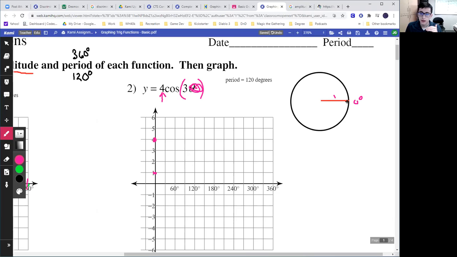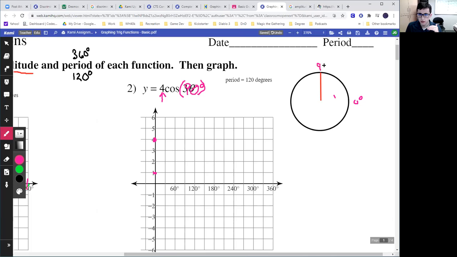Now, as we rotate the angle up to here, the cosine is 0 now. So let's say that instead of putting in 0, we put into the cosine 30. That's going to read as cosine of 90. Cosine of 90 is 0.